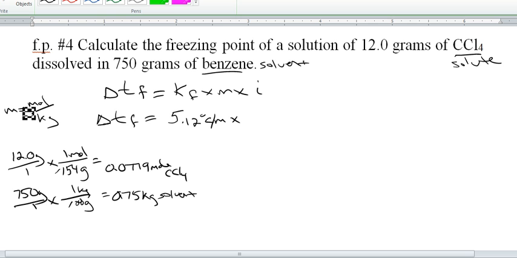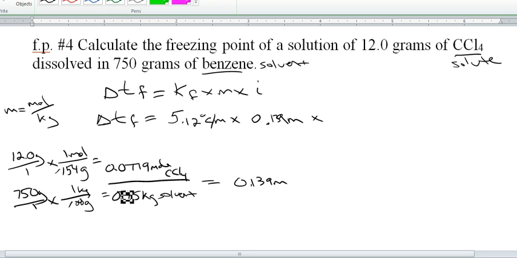So to get the molality, we take the moles and divide by the kilograms, and we end up with 0.139 as the molality. So we can go back up here and put this in. 0.139 is the molality of the solution.